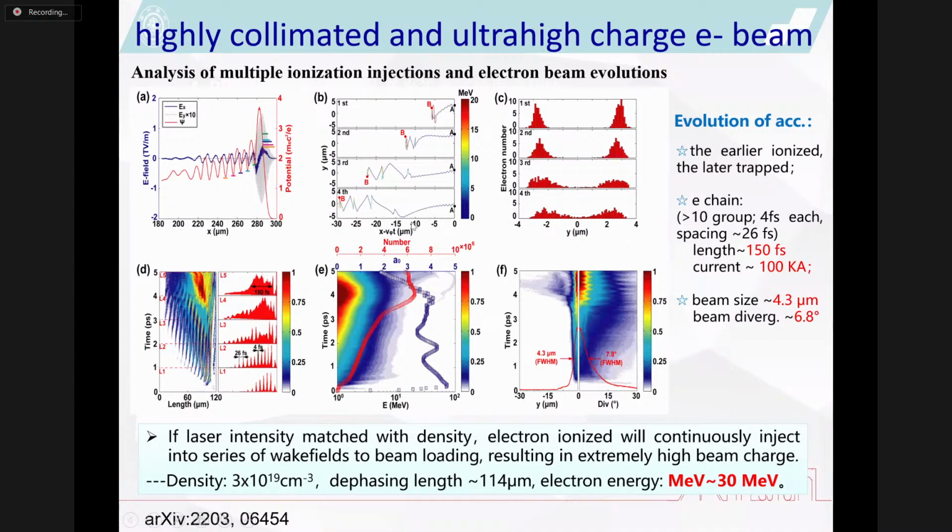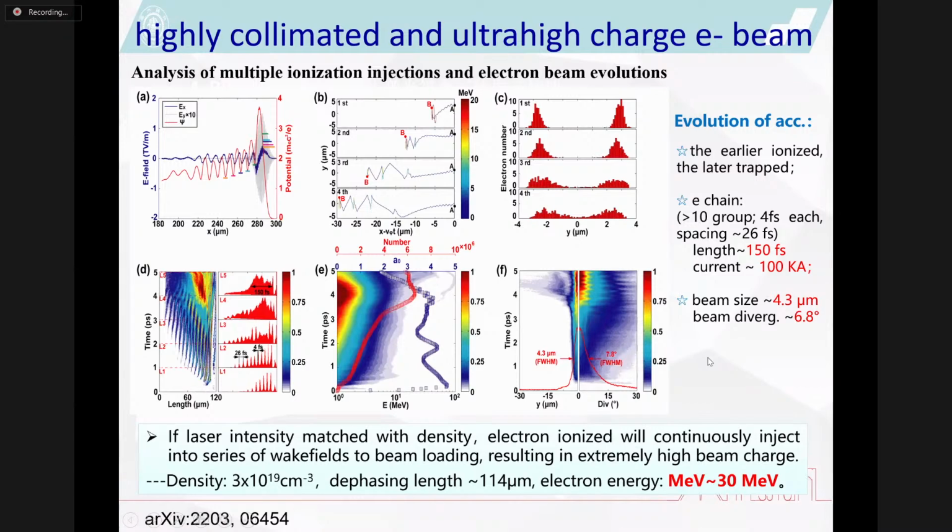So according to our simulations, we can get approximately 20 nanocoulomb. In this case, we explained the experimental results we achieved.